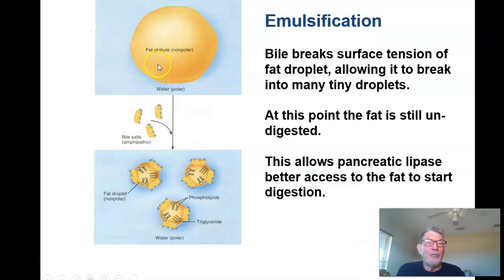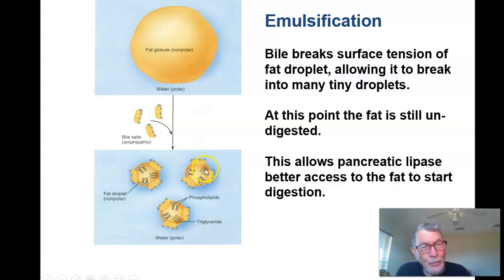Emulsification happens when this big fat blob that you ate becomes tiny droplets of triglycerides and a couple of other kinds of fats, and it's got bile around it that keeps these tiny droplets suspended in the chyme of your intestine, so that the pancreatic enzymes can now get to these guys and digest them.